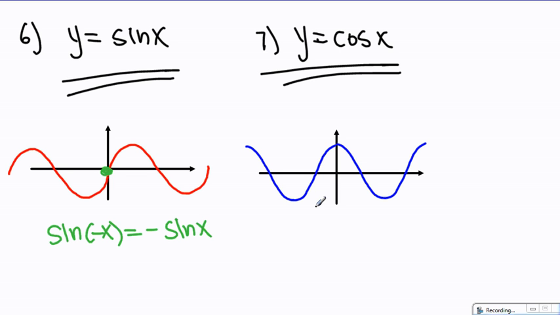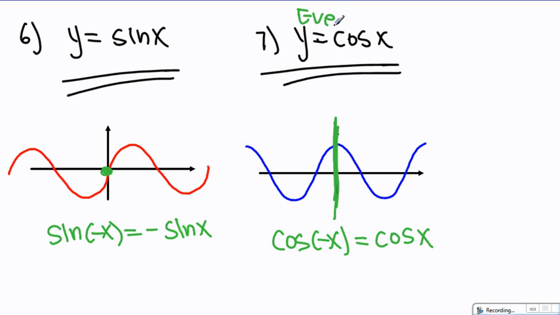How about here? In case of y equals cosine of x, this is symmetrical about the y-axis, isn't it? Also, algebraically, cosine of negative x is the same as cosine of x. Therefore, we realize that this is an even function, and this becomes the odd function.